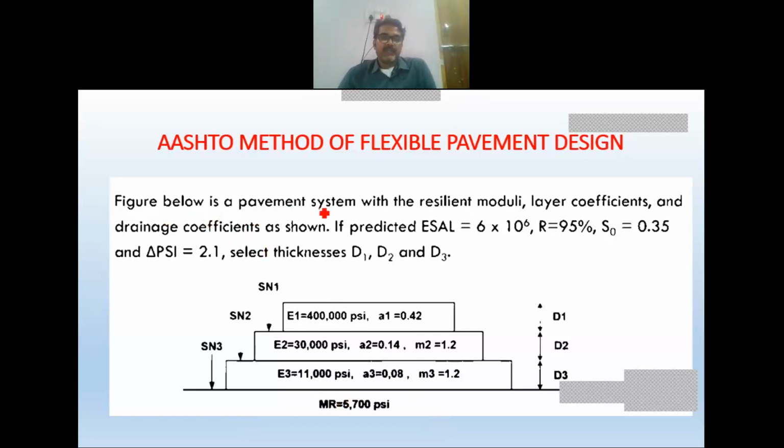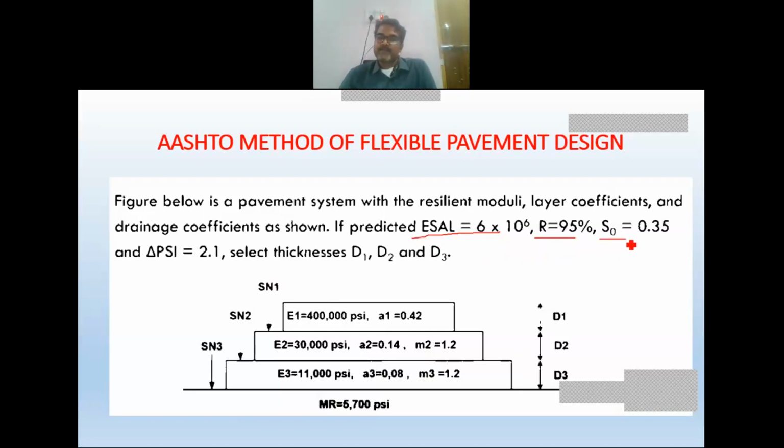The figure below is a pavement system with resilient moduli given, layer coefficients given A1, A2, A3, drainage coefficients M1, M2, M3, and equivalent single axle load already given as 6 into 10 power 6. Reliability 95%. You know about reliability. This is the confidence level on the design.